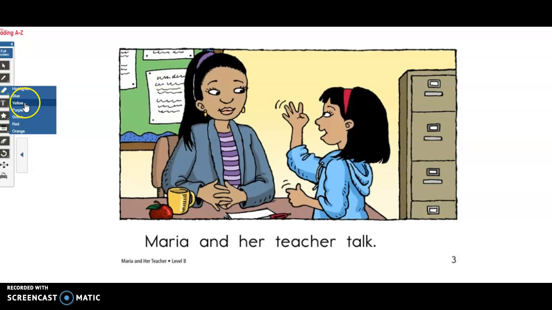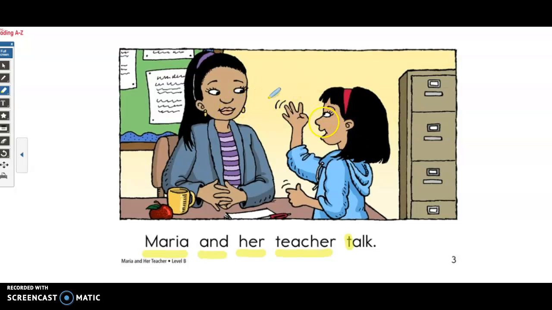Maria. I'm going to read this page. Ready? Maria. Oh, I know this word. And there's that tricky word, H-E-R. Her teacher. Maria and her teacher. And now I want to think about what they're doing to figure out what this tricky word is. I'm going to get my mouth ready and say this first sound.